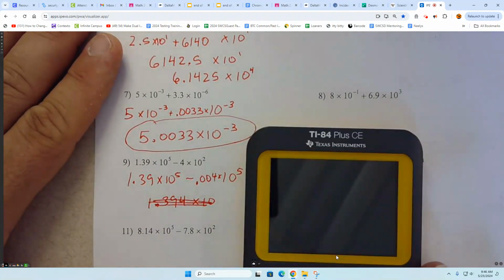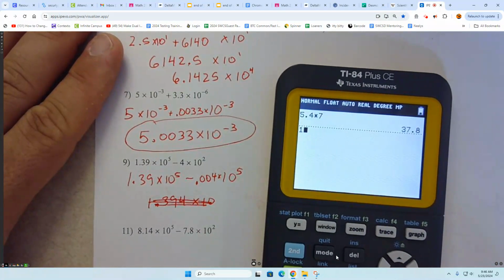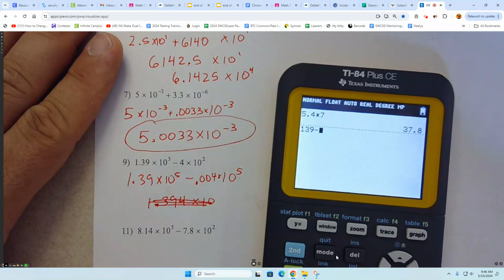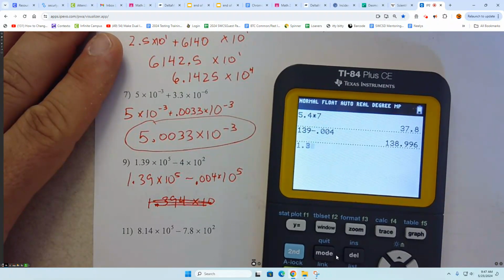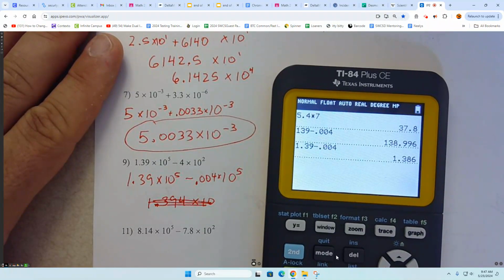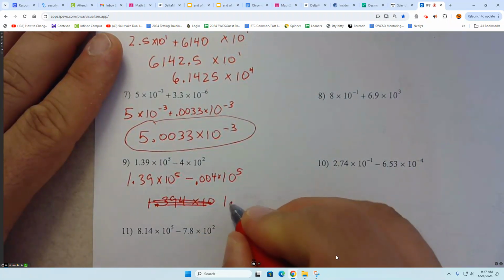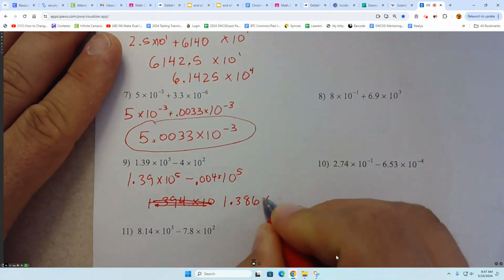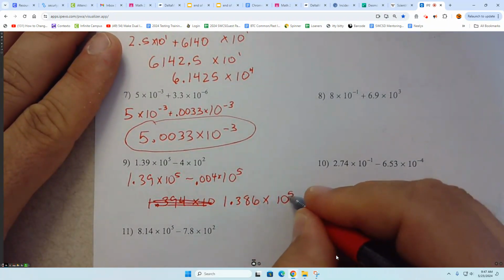So once they match, I can go to my calculator and say 1.39 minus 0.004. And we get 1.386 times 10 to the 5th.